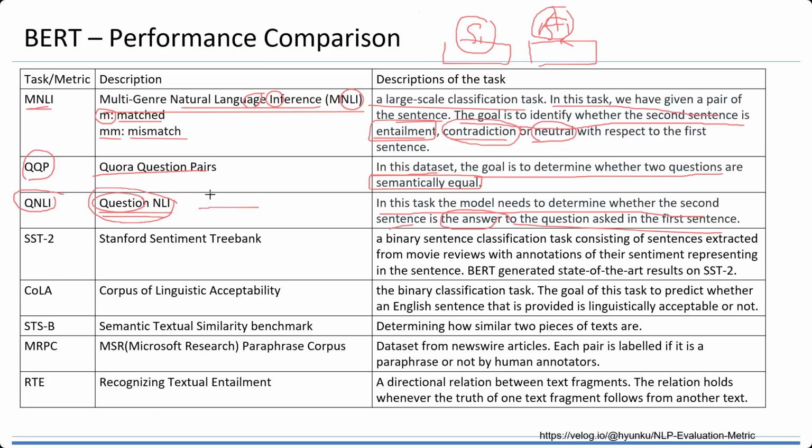So these are some tasks that you can do if you are doing your project with a chatbot. The question NLI is a good task for this chatbot. Next, we have another task, which is SST. SST means the Stanford Sentiment Treebank. This is a binary sentence classification task consisting of sentences extracted from movie reviews with annotation of their sentiment.